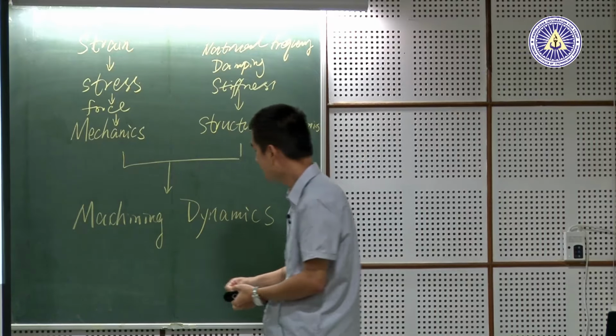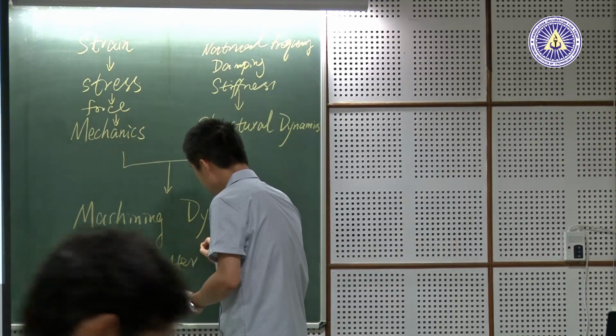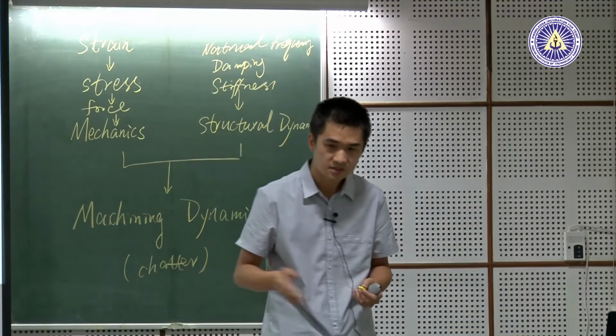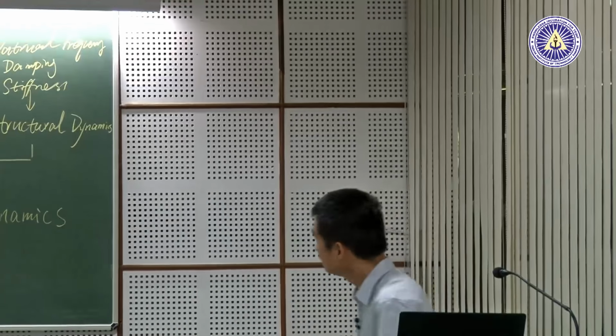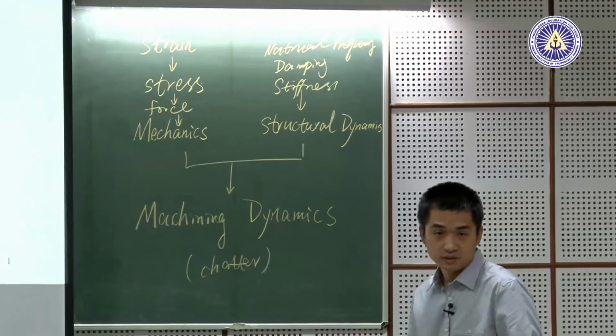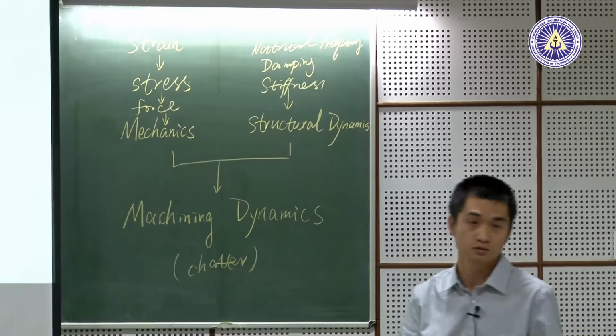And of course, chatter is one of the major issues in machining dynamics. Of course, there are some other areas, but chatter is the main focus, okay? The details in the later slides will follow this flow chart, but at the micro level.